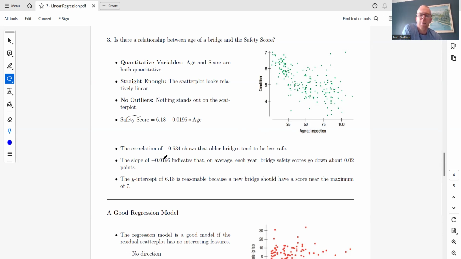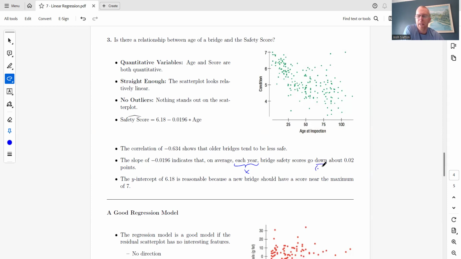So negative 0.0196. We talked about how to interpret these in the last video. Again, in this case, each year, the year is representing x. So as x goes up 1, the bridge safety score will go down because of the negative. This is right at 0.02, but more precisely 0.0196 points.